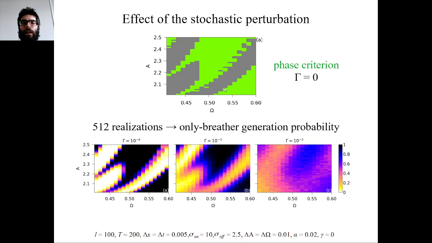We defined an only-breather generation probability, and we estimated it for a certain number of realizations. As you can see here, in correspondence of the only-breather region deterministically identified, we see high probability cores, which is a sign of the robustness of the process. And also some sort of noise-induced widening of this structure occurs.